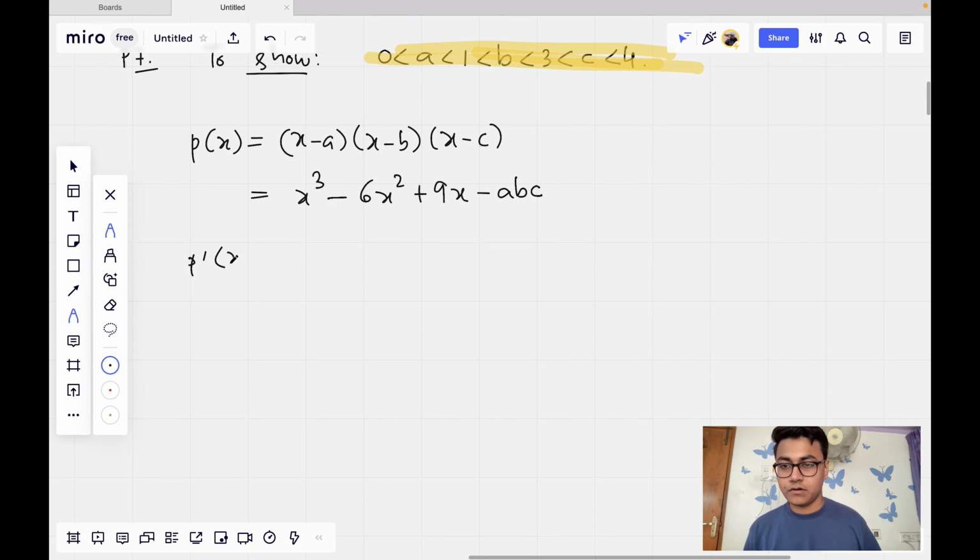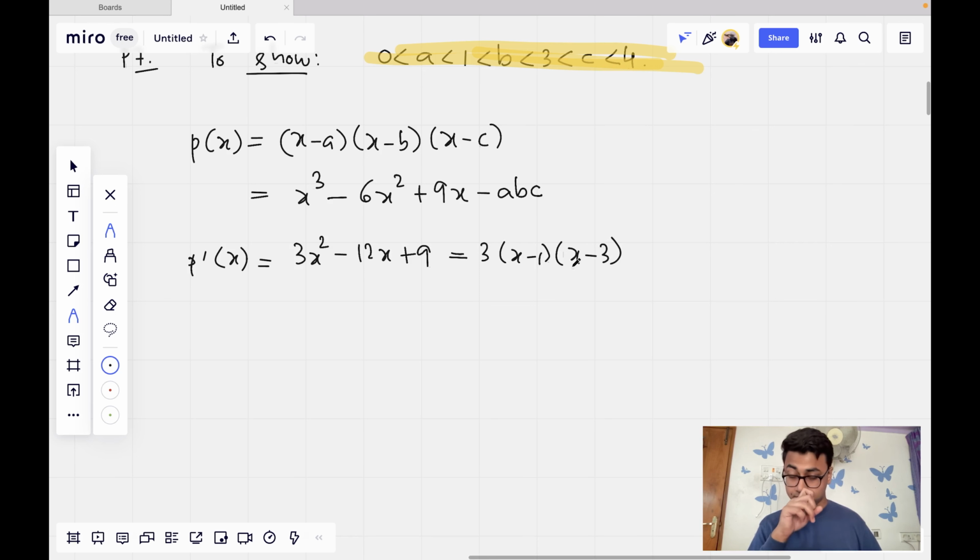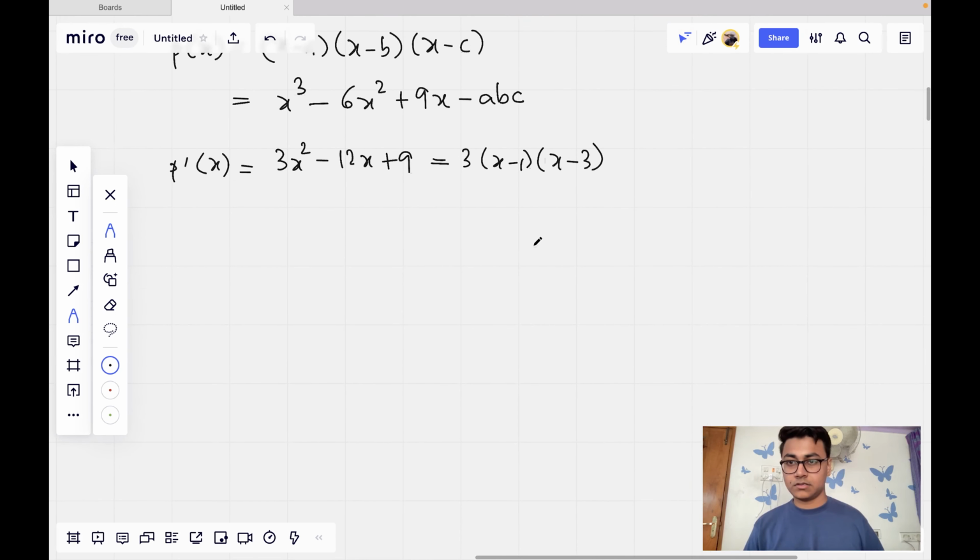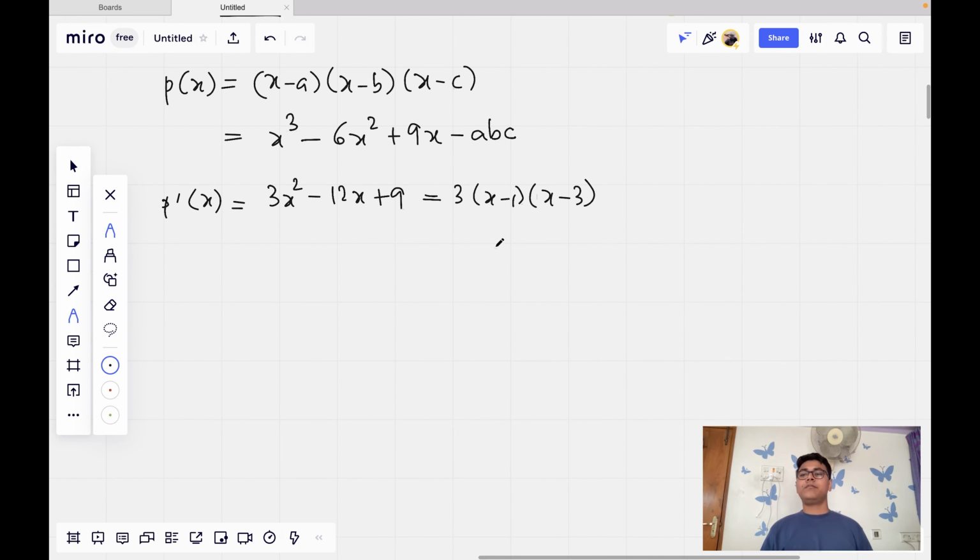The derivative of P of X is 3x squared minus 12x plus 9. This is 3 times x minus 1 times x minus 3. So P can have local extrema at these 2 points, 1 and 3.